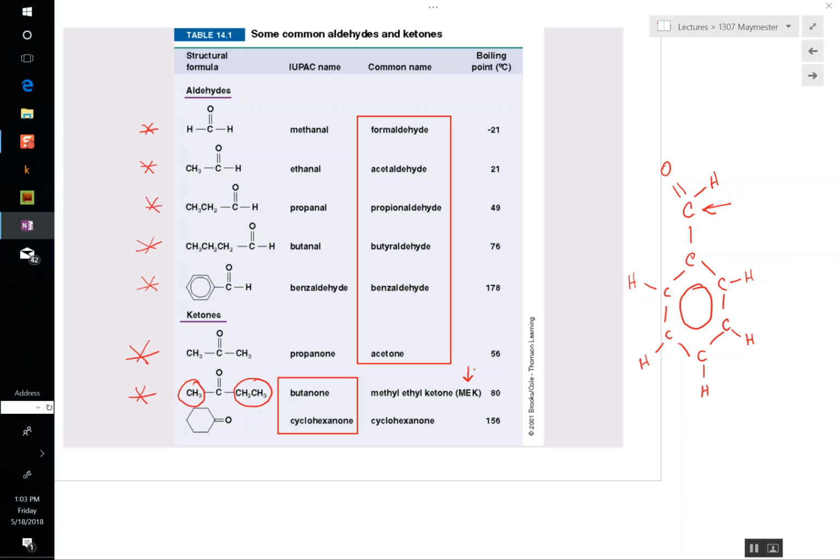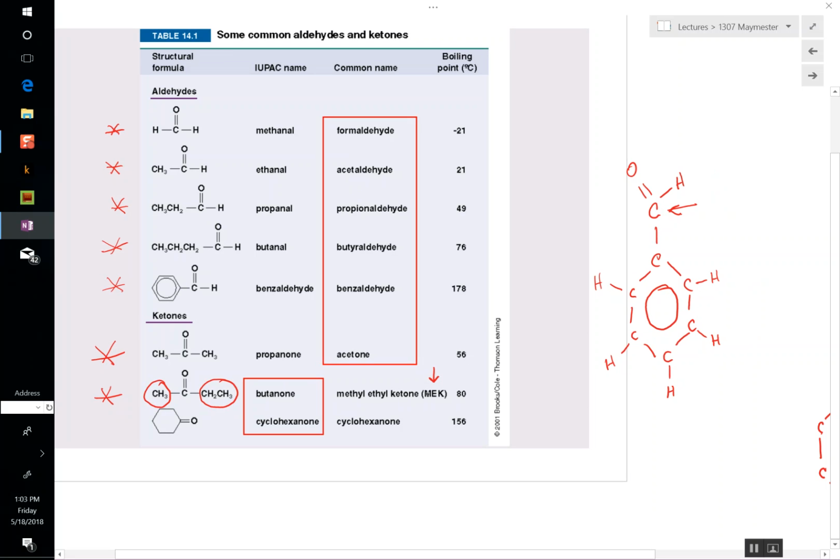Now, if someone works in the lab with the initials MEK, then we got a problem, because we're going to think every bottle is methyl ethyl ketone. So that one actually has three names: butanone, methyl ethyl ketone, or simplified down to MEK.